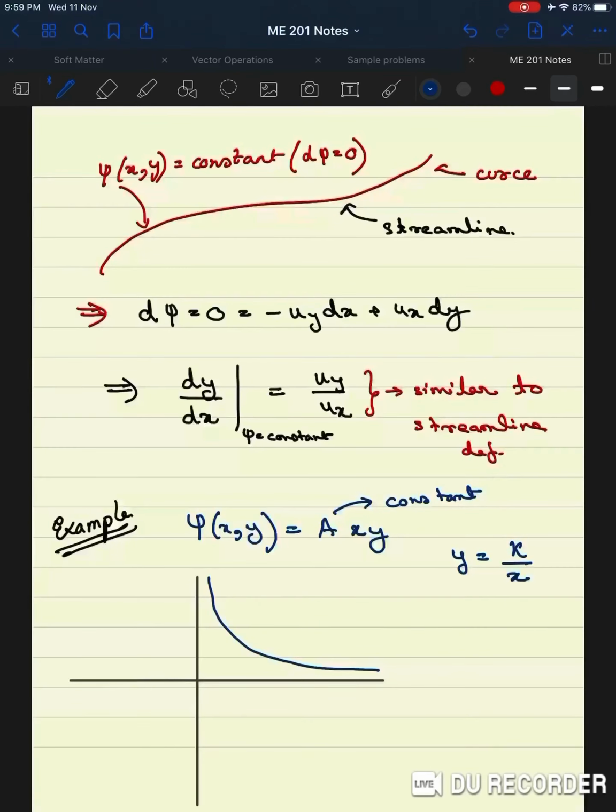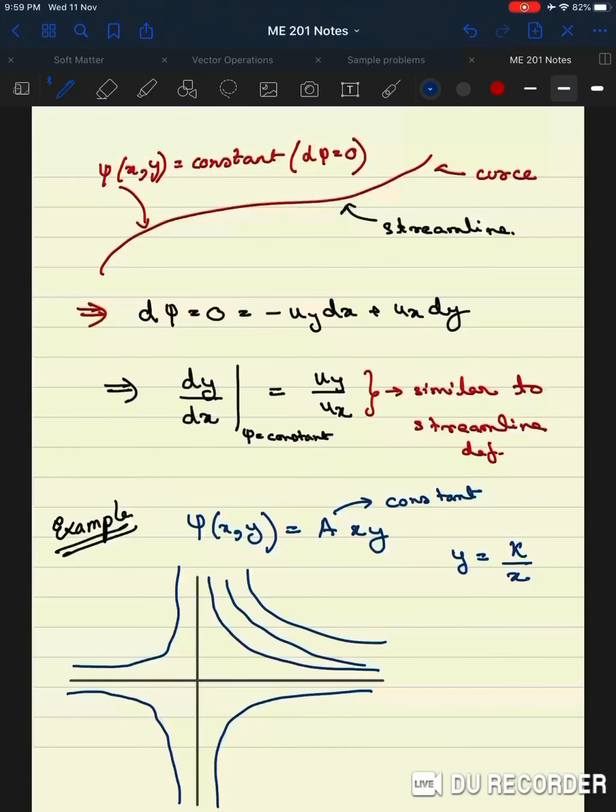So the flow streamlines would look something like this. So the flow streamlines of these stream functions are hyperbolas.